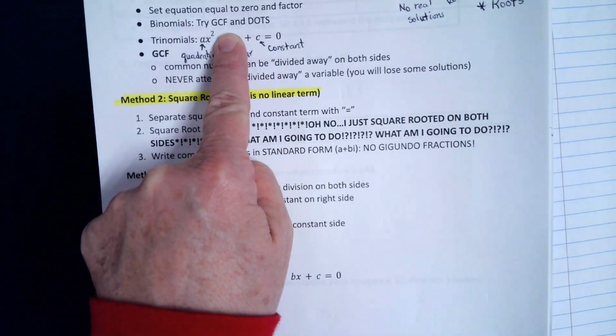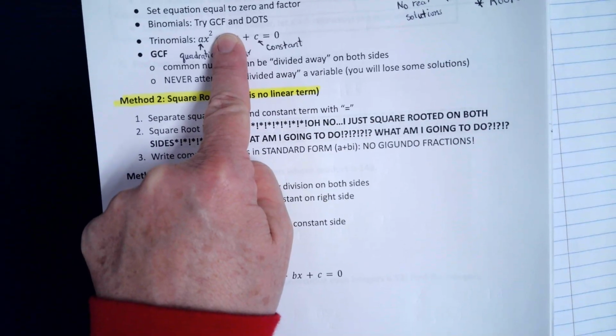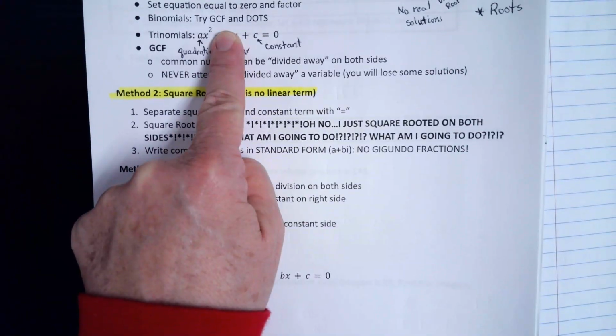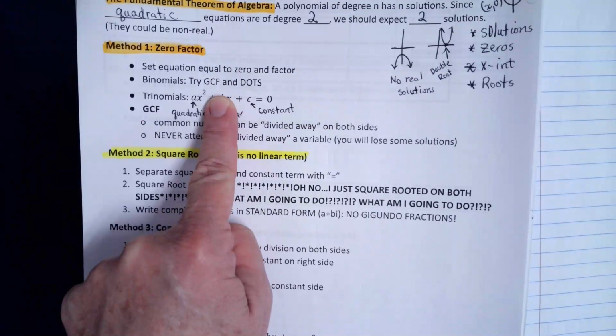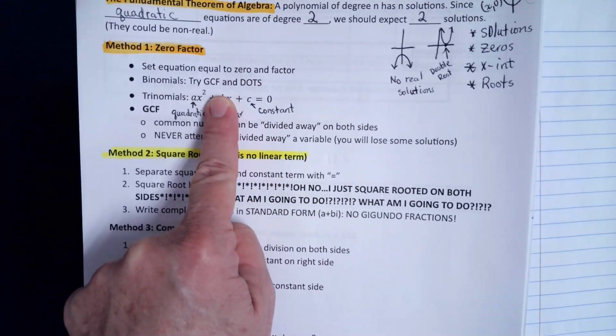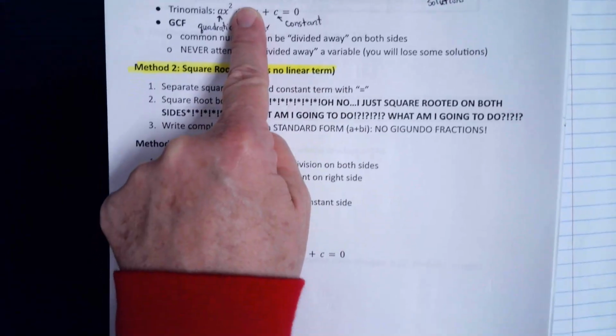Now, I'm just going to give you full disclosure. I'm about to get really annoying because when you use the square root method, the fundamental theorem of algebra still says you should have 2 answers, and I get a lot of students who only give me 1 answer because they forget a huge step. So, I will help you remember that step if you won't remember it on your own, okay?